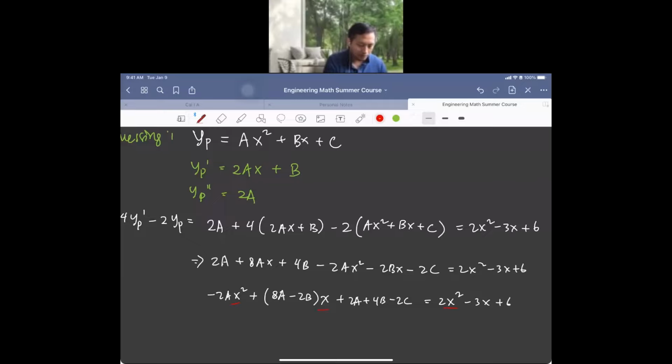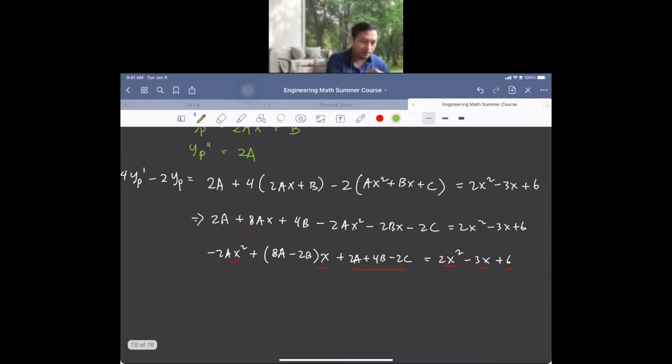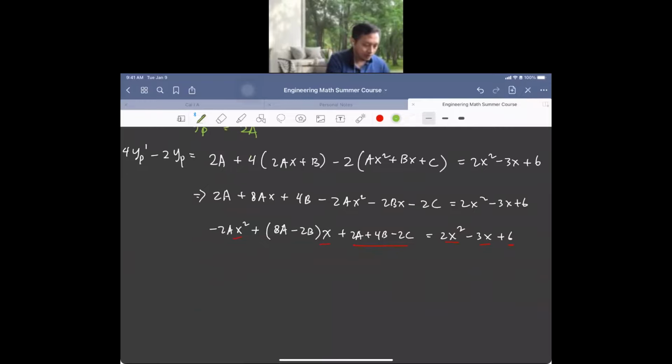The idea is to group x squared with x squared, x with x, and the constants with the constants. Now we can use linear solution methods to solve this.